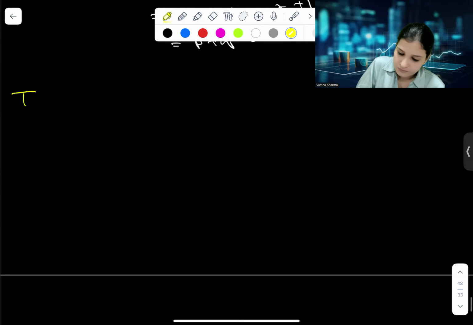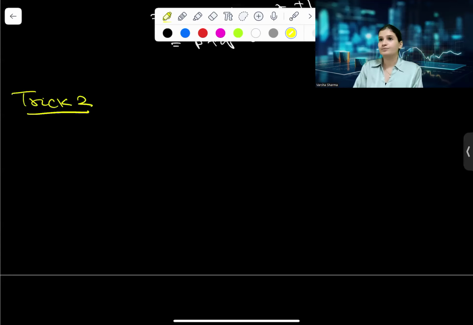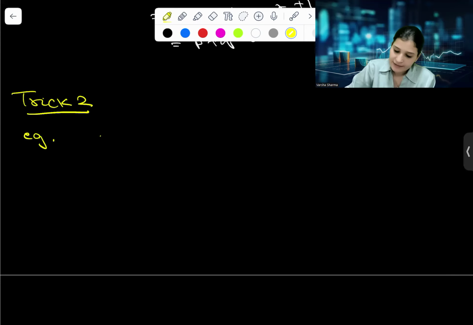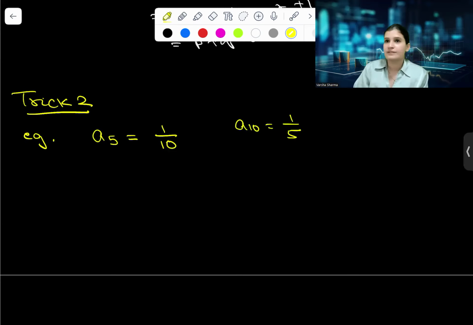Trick 2. Let me explain with the help of an example first. Say the fifth term is 1/10 and the 10th term is 1/5.